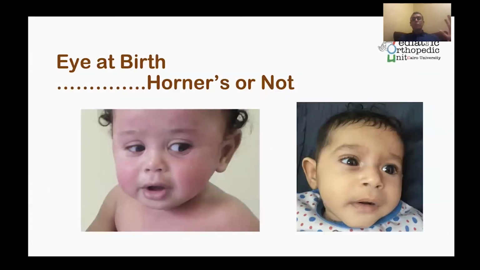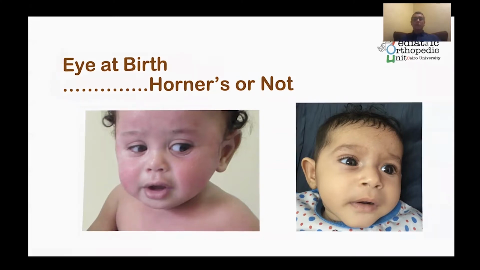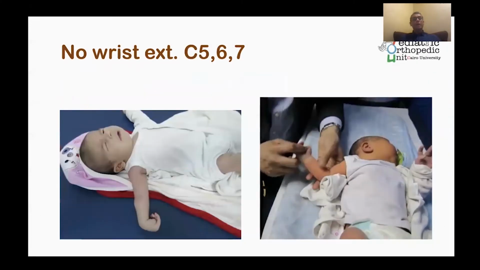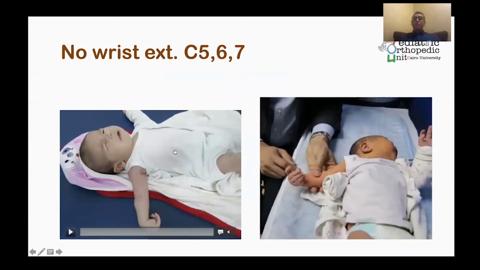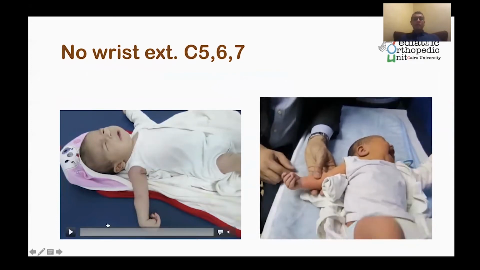Once we diagnose total brachial plexus palsy, we have to look at the eye to see if there is Horner syndrome or not, because Horner syndrome carries a very poor prognosis and indicates avulsion of the C8 and T1 roots. If there is good hand function, then we have to look at the wrist.